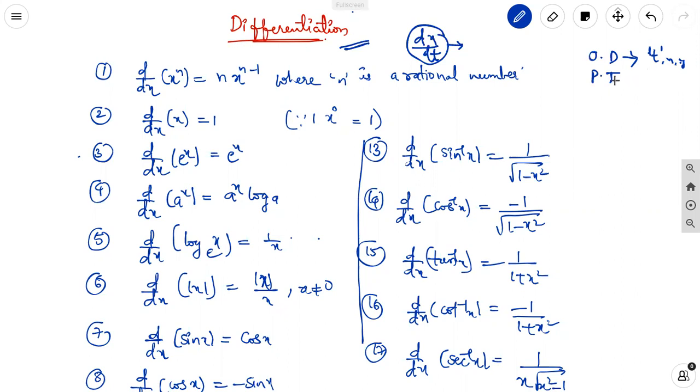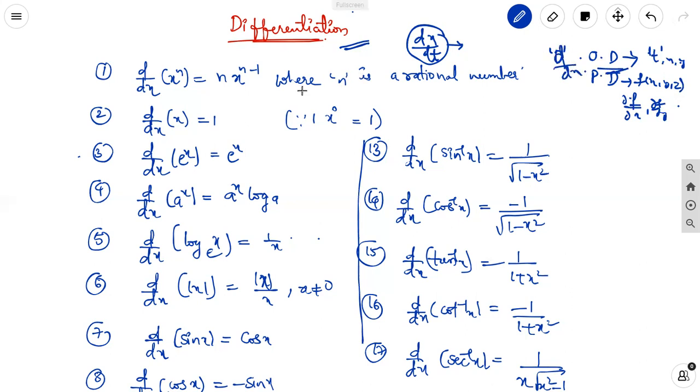If the function involves two or three variables, and we differentiate with respect to such variables, that is partial differentiation, or partial differential equations. The partial notation is dou f by dou x, dou f by dou y, dou f by dou z. Ordinary differentiation is denoted by the small d by dx.